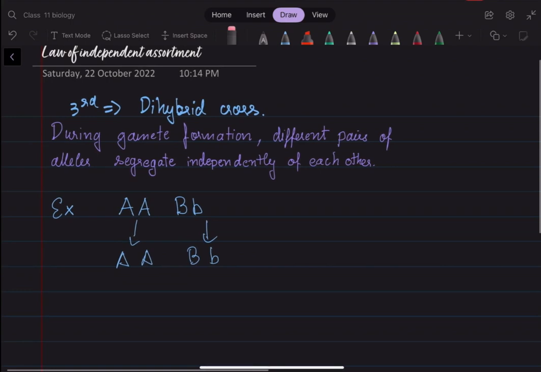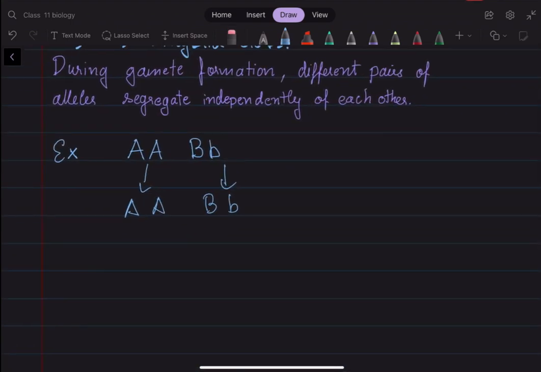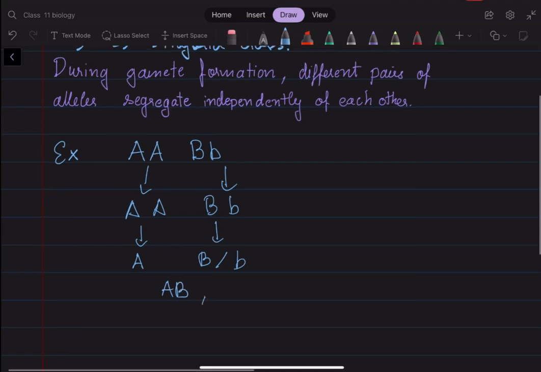In this case, two types of gametes will be formed, because here the gamete will get A, and here it will get either a capital B or a small b. So the combinations that you have are this and this.